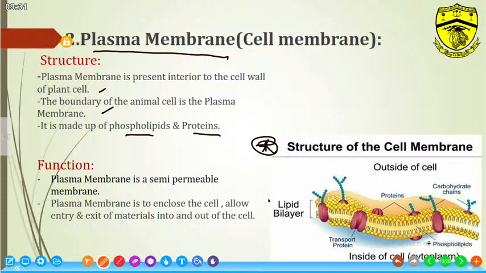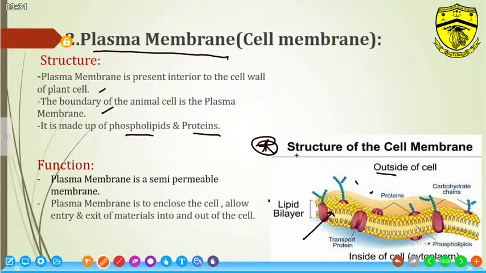This is hydrophilic. And next one, these are the hydrocarbons present in it. Yeah, in here the protein also present in it. The proteins, that is a spherical shape now, that is also immersed into the bilayer. It is also present outside of the cell or inside of the cell.